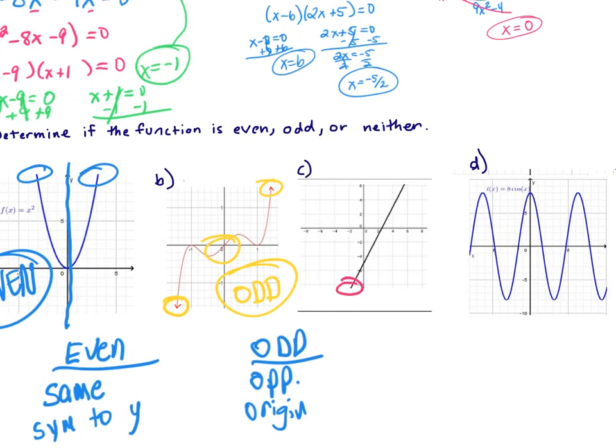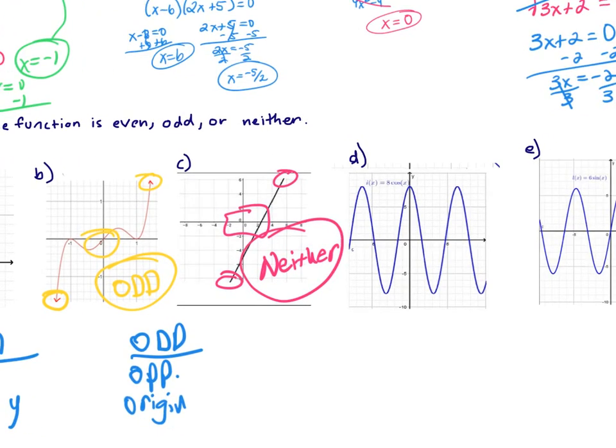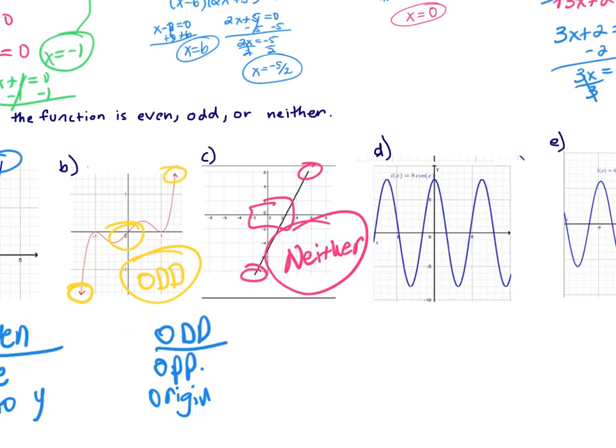All right, look at the ends. Opposite or the same? They're opposite. Does it go through the origin? No. So this is neither. Okay, look at the ends here. Are they the same or different? Opposite.